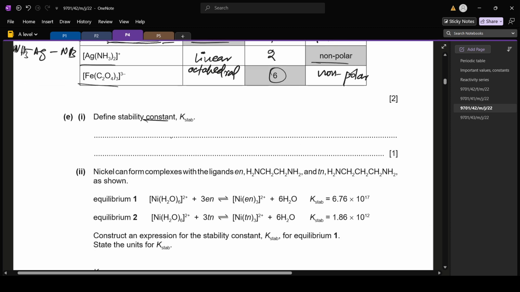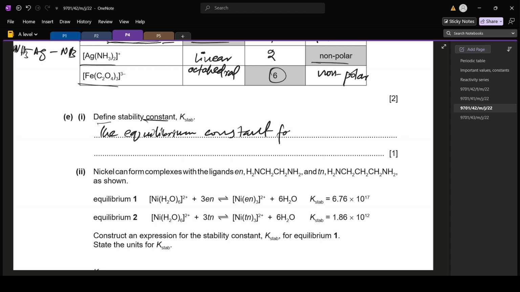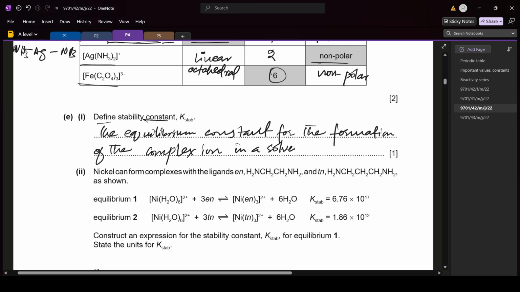Part, define stability constant. It is the equilibrium constant for the formation of the complex ion in a solvent from its constituent ions.